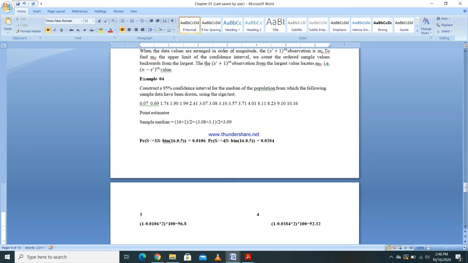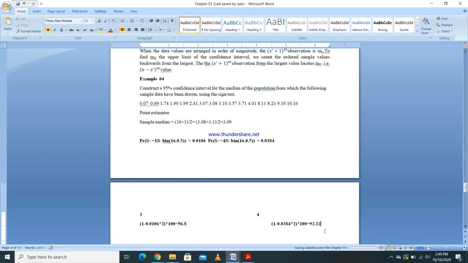So you can see that when we are using the sign test, we cannot find a confidence interval which gives the confidence accurately as 95. If you take this dash value as 3, you will get a confidence interval with a confidence of 96.8%, and if you take this dash value as 4, you will get a confidence interval with confidence 92.32%.